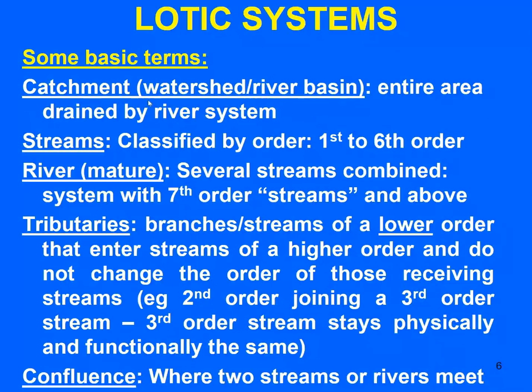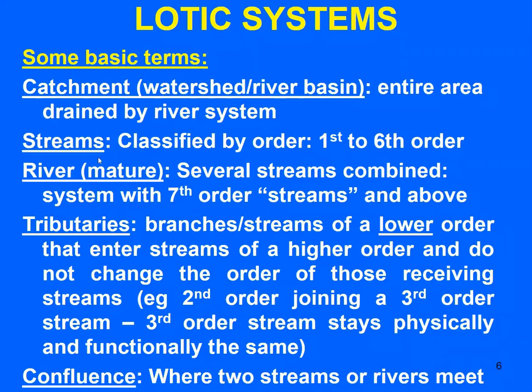So we look at the catchment as that entire area that's drained by a river, and it's not just a mountain, it's all the areas from where streams come, and you'll see that also on the next slide. So it's quite a large area. So a catchment area is much larger than just the river itself, as you'll see just now.